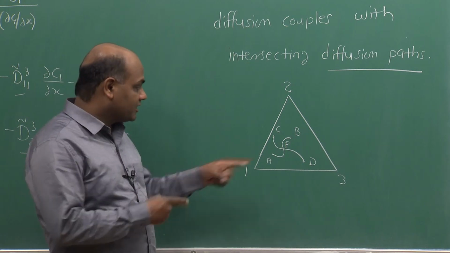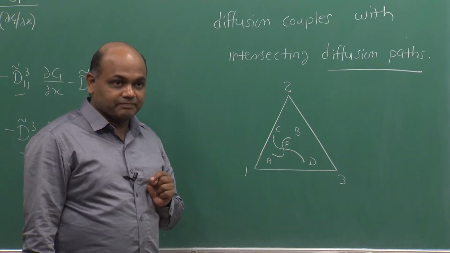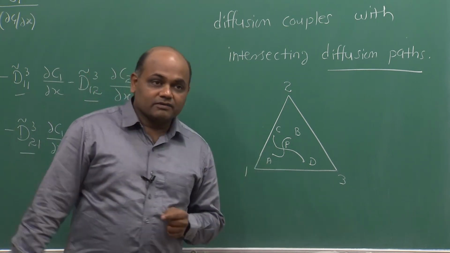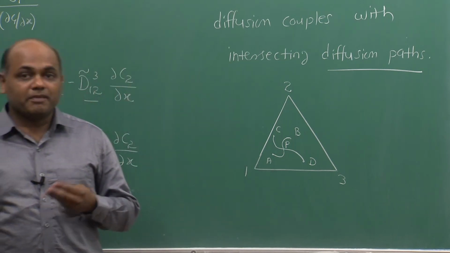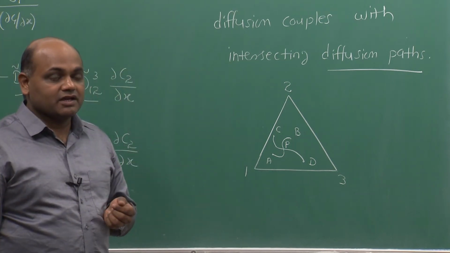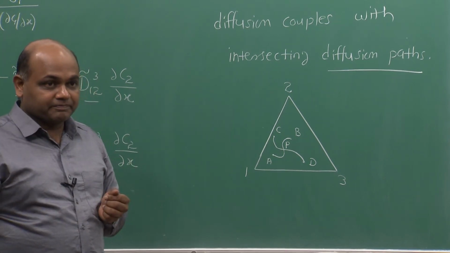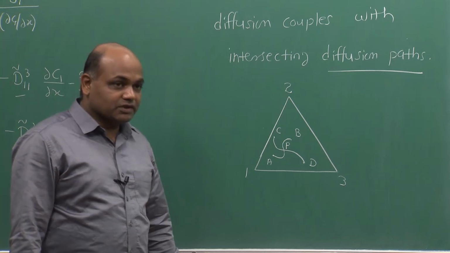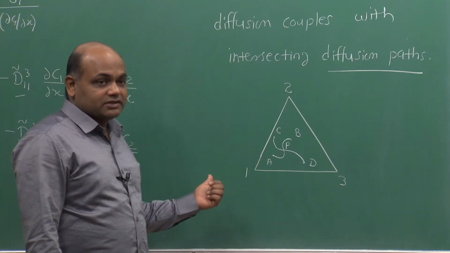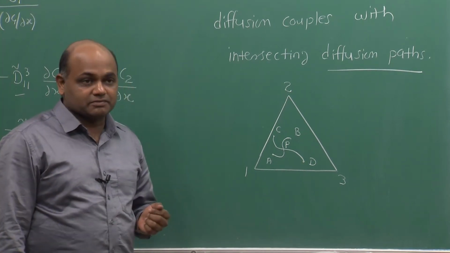So, we know somewhere they will intersect, okay, and this method has been applied to many ternary systems, and the interdiffusion coefficients have been determined. So, this analysis was for the ternary systems.